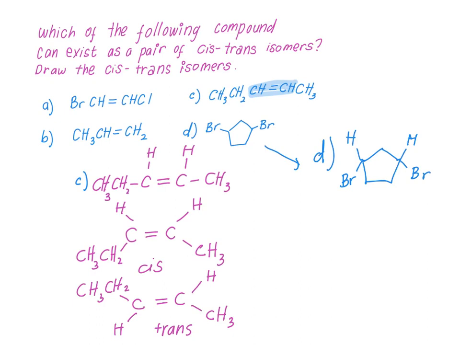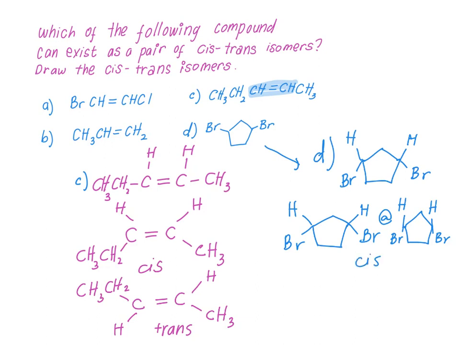trans isomers? Okay, so first, if you want to draw the cis isomer, you can draw it like this, or just like this, H and Br, H and Br should bond here, and this is the cis one.